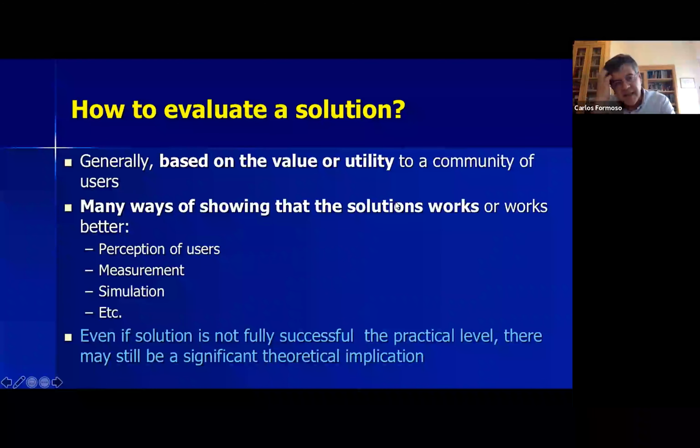And finally, you need to evaluate the solution, right? And as I mentioned before, the evaluation must be based on value, on utility to a community of users, right? So if you don't position your work as design science research, this happens quite often, right?